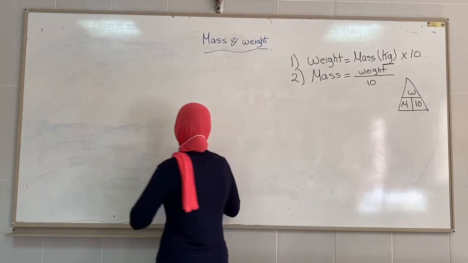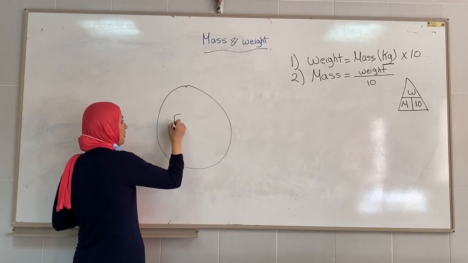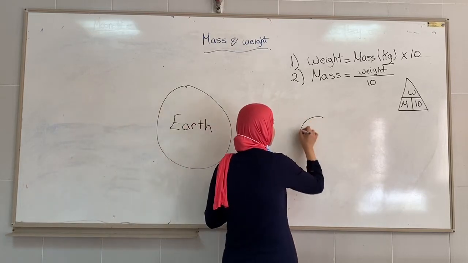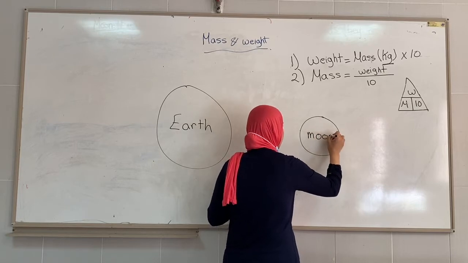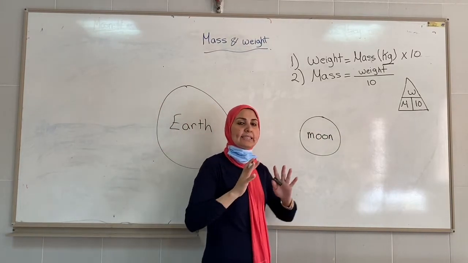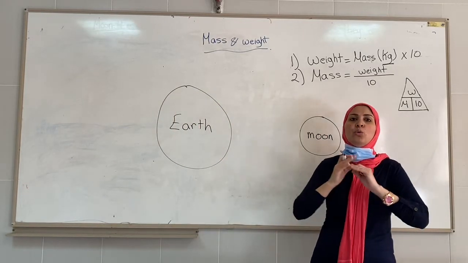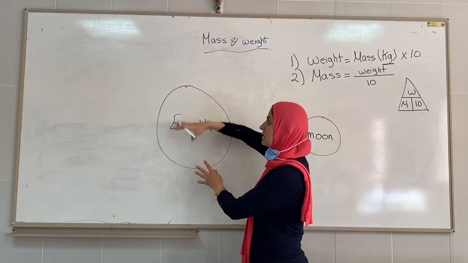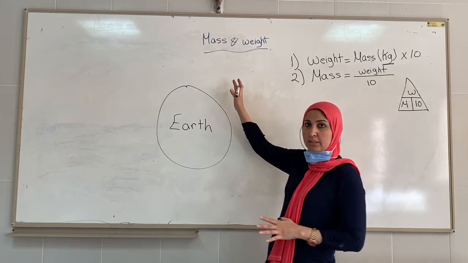For example, this is the Earth and this is the moon. As the size of the planet increases, the weight will also increase.